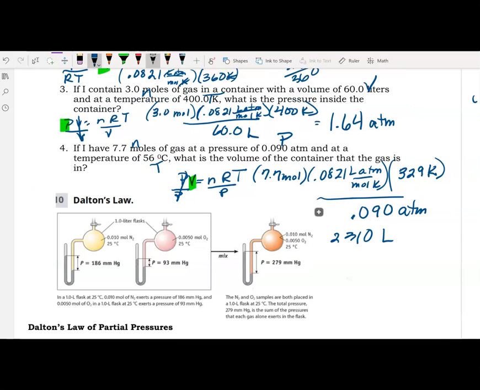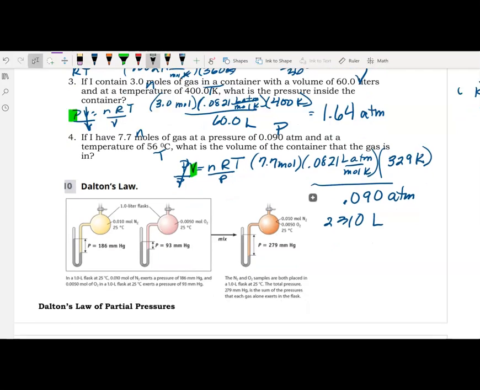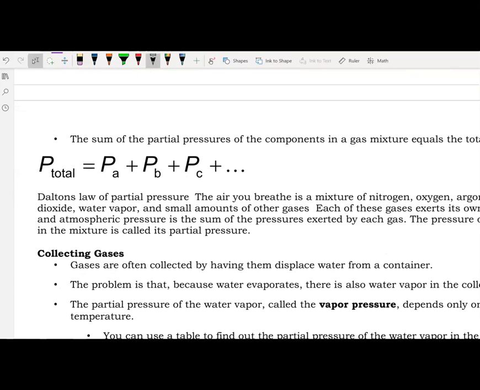All right. So now we're going to talk about Dalton and Dalton's law of partial pressures. Dalton's law of partial pressures simply says all the parts add up to the whole.